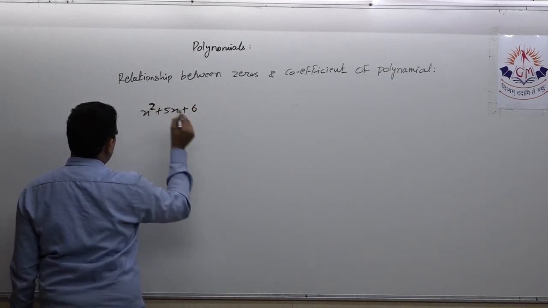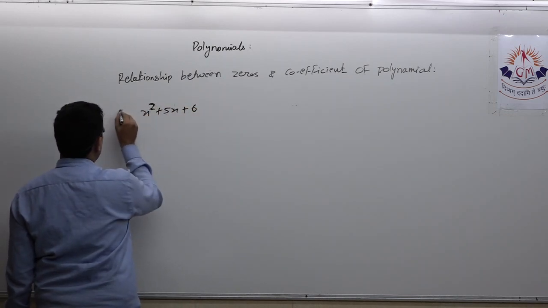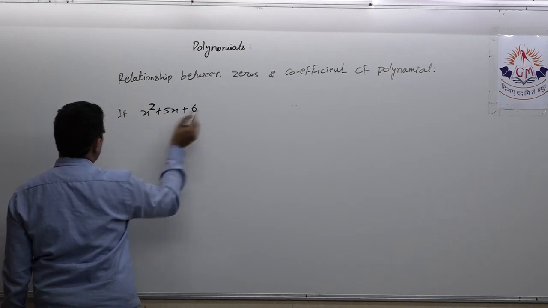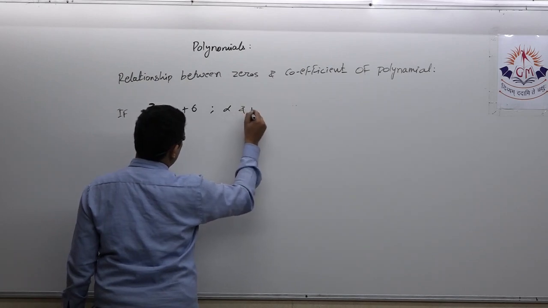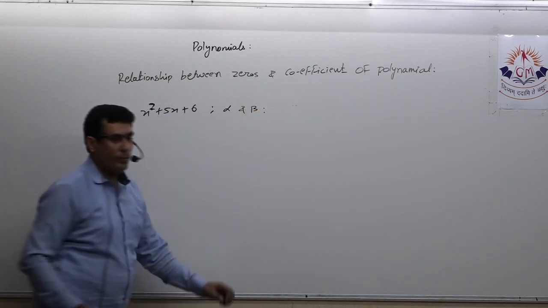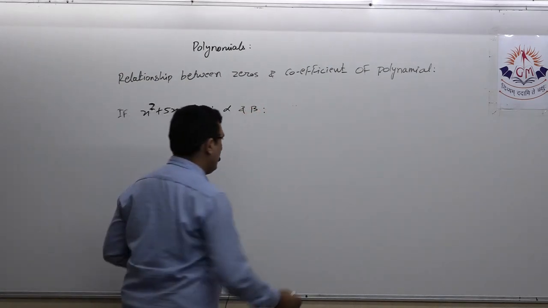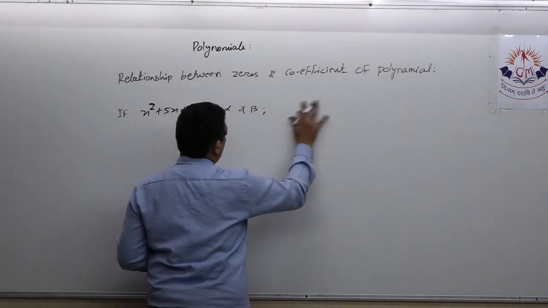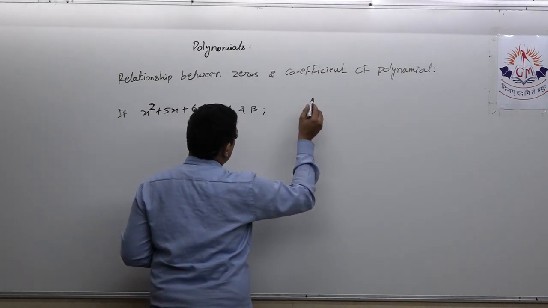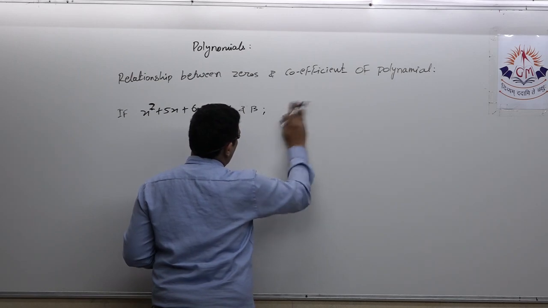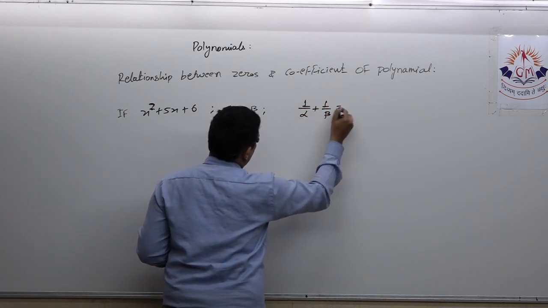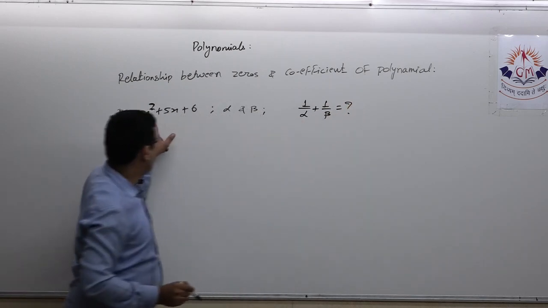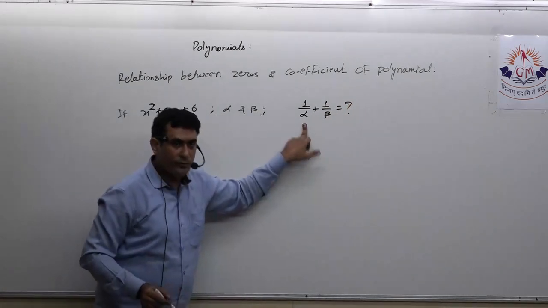Now they will ask, if zeros of this polynomial are alpha and beta, then find a polynomial whose zeros are 1 upon alpha and 1 upon beta, or find the value of simply 1 upon alpha plus 1 upon beta.